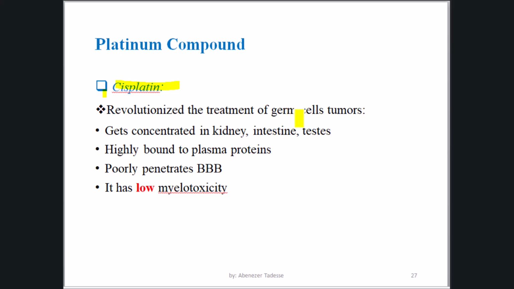They especially accumulate in the testes as well as the intestine and kidney. This makes them ideal for use in these cases.